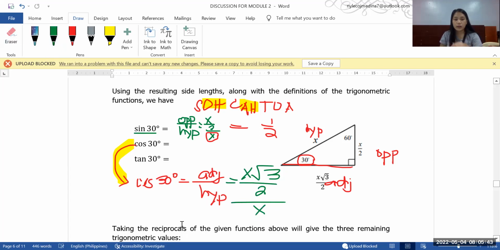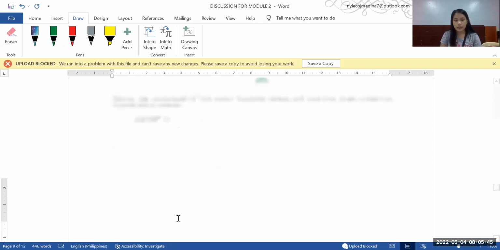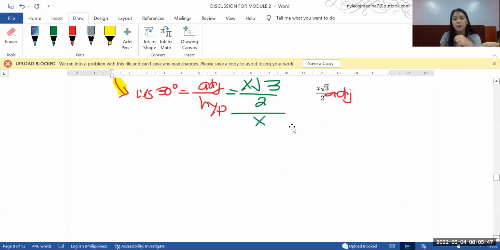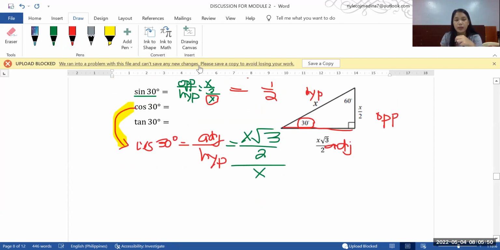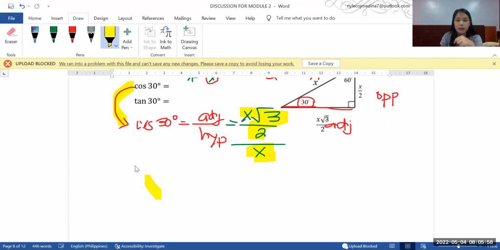When dividing like this, first determine your numerator and denominator. Copy your numerator, and then multiply it by the reciprocal of your denominator.